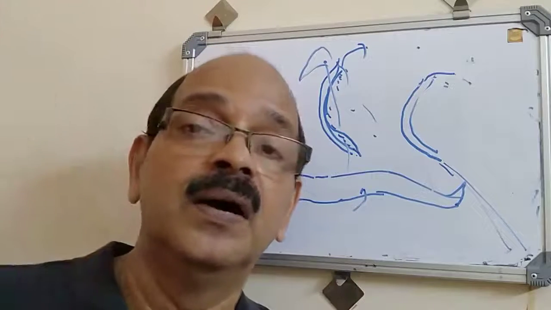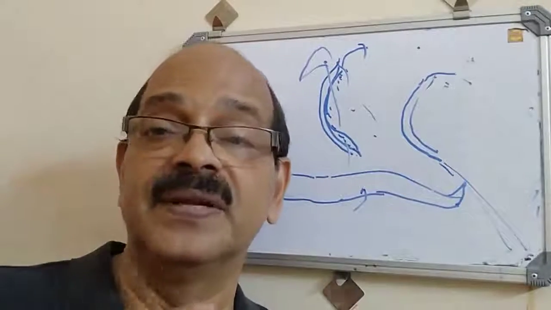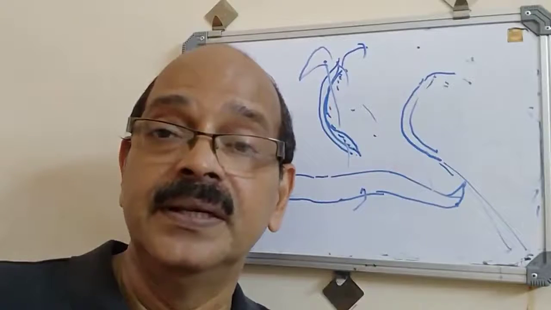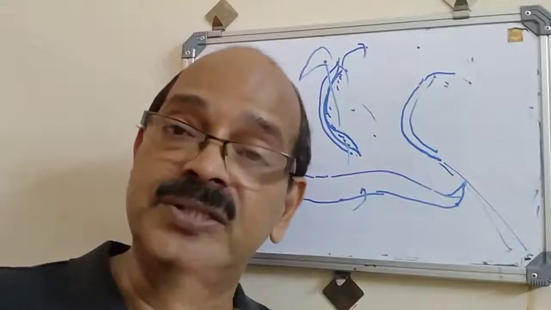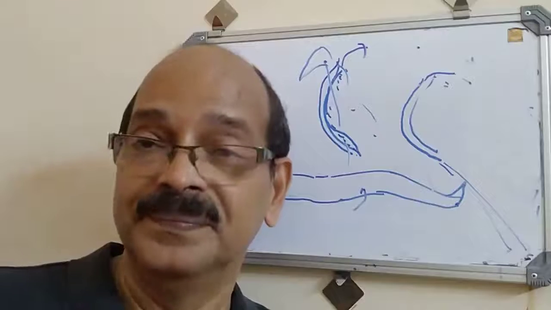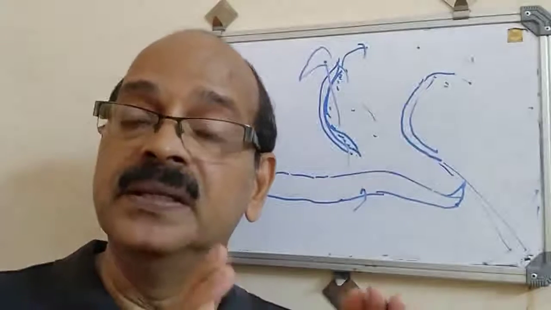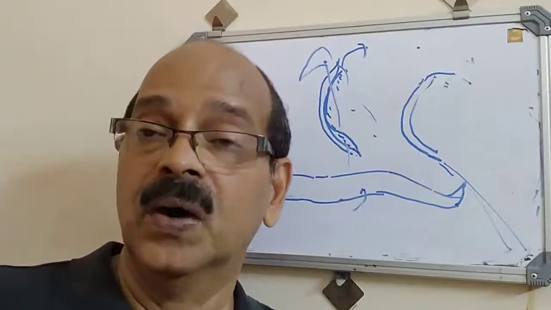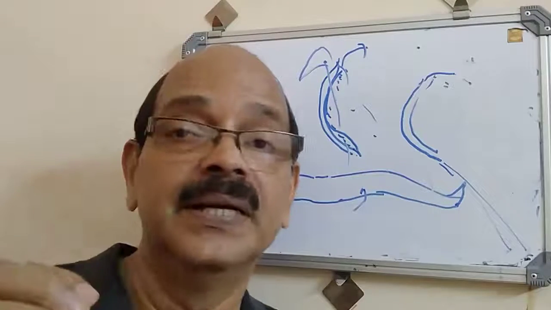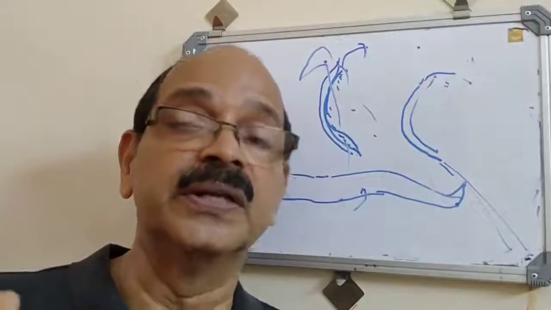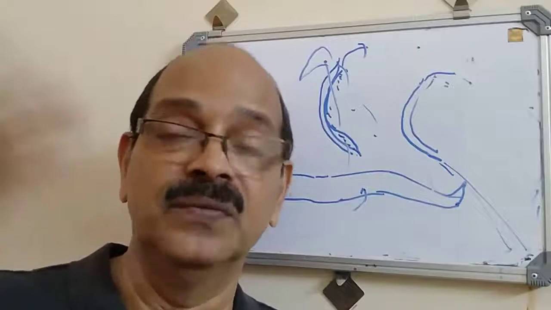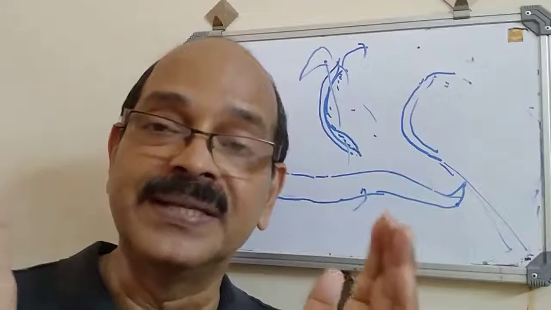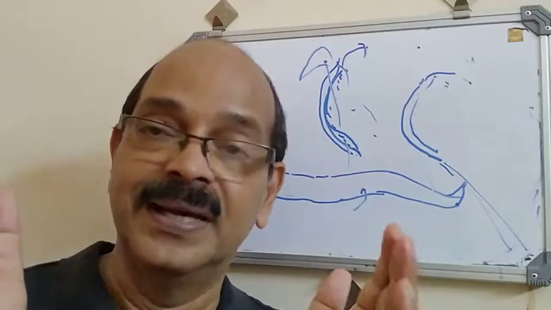One entity where altered sensorium is there and neck stiffness is there is subarachnoid bleed. The differentiating feature between these two is absence of fever. The fever is invariably there in a case where there is neck stiffness and altered sensorium. But with neck stiffness and altered sensorium, fever is absent in a case of subarachnoid bleed. So that's how you differentiate different entities among these.